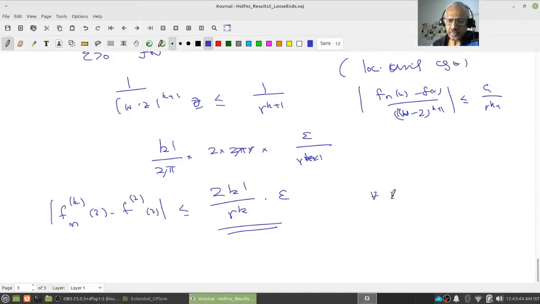This is true for all z in the closed ball, therefore the kth derivative of f_n converges uniformly to the kth derivative of f on the closed ball.